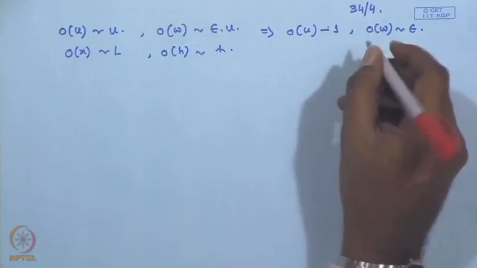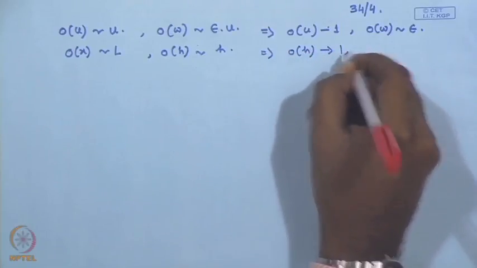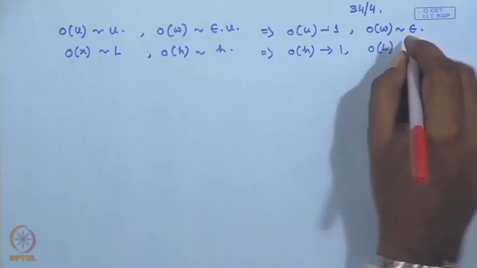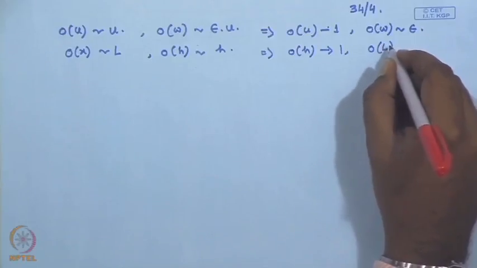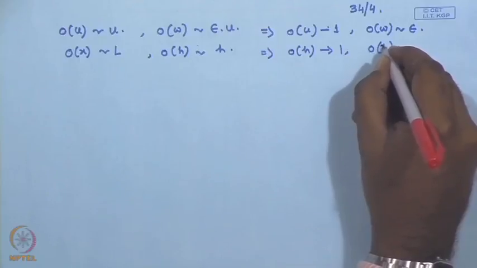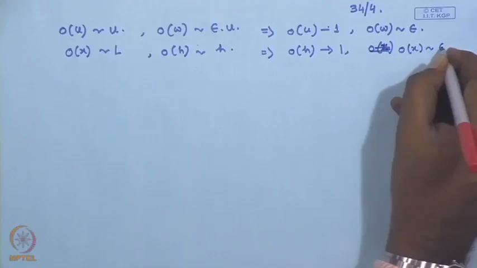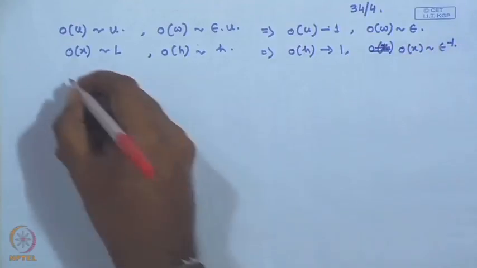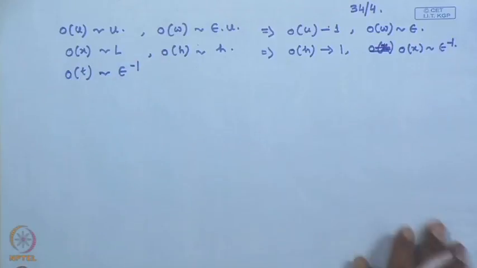We normalize the order of h to be equal to 1, therefore, order of L, or order of x, is epsilon inverse, and we also have order of time is epsilon inverse. Okay.